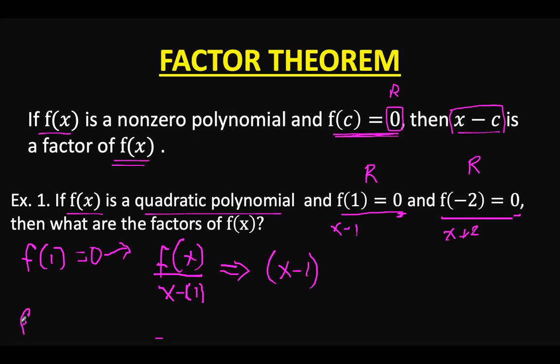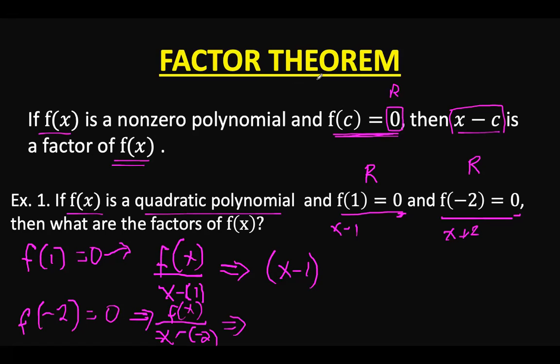So, f of negative 2 is equal to 0. So, ang gusto sabihin nito, pag sinubstitute natin or dinivide natin si f of x ng x minus negative 2, ang kalalabasan na remainder ay 0.